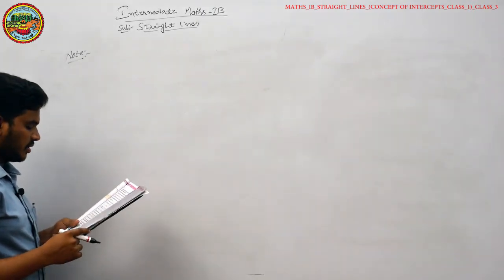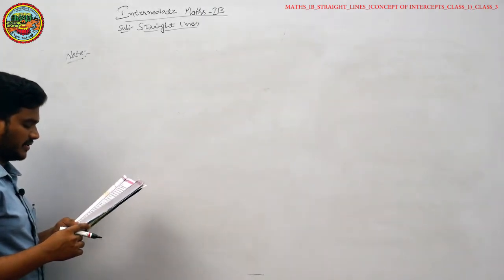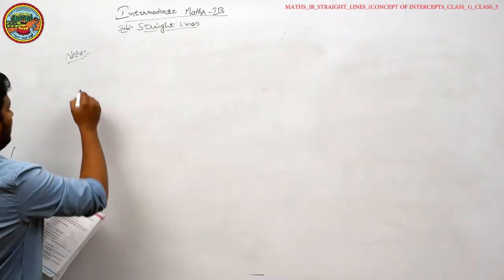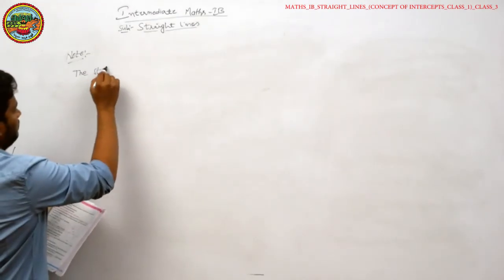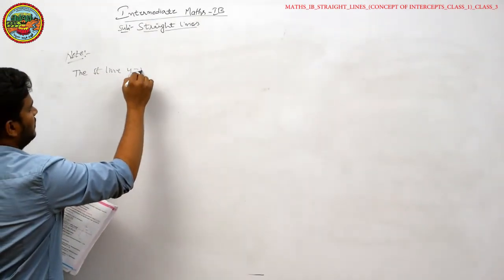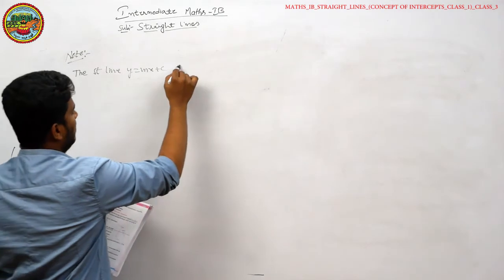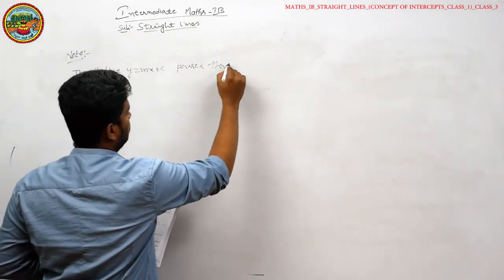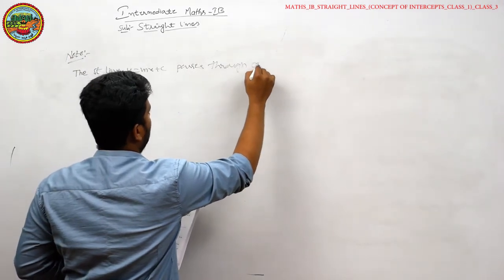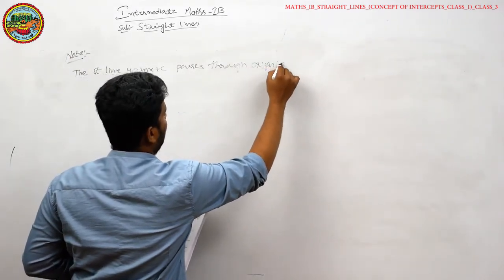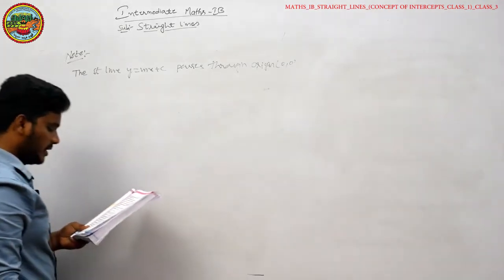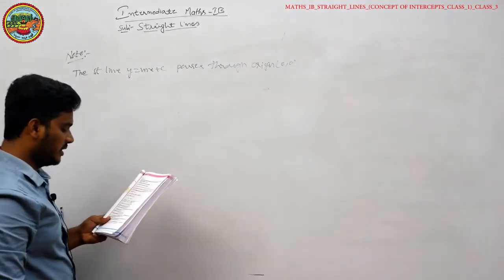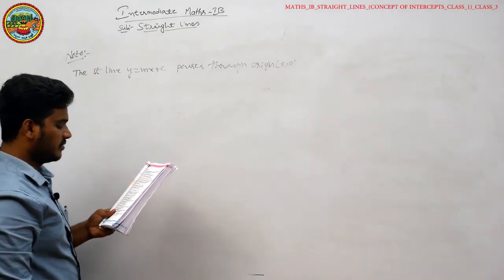Thus the equation of the non-vertical straight line passing through the origin 0 comma 0 and having slope m is y is equal to mx.